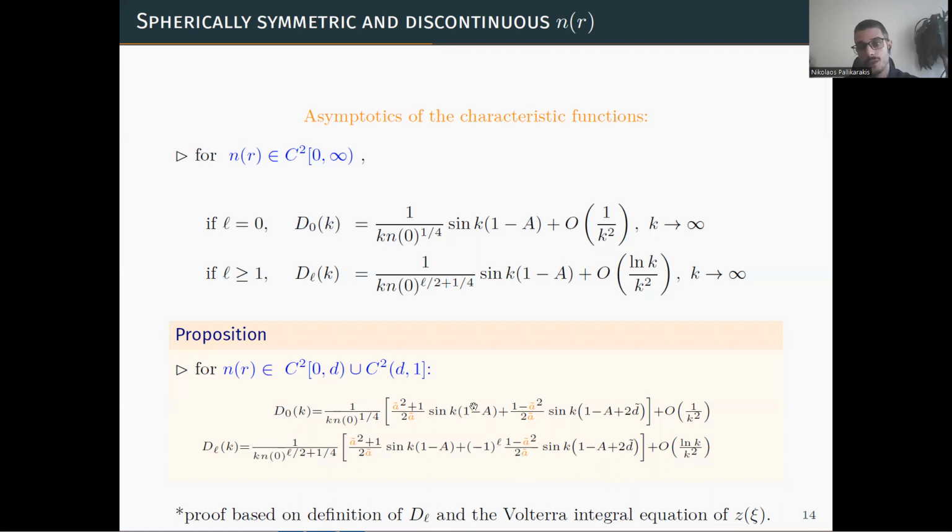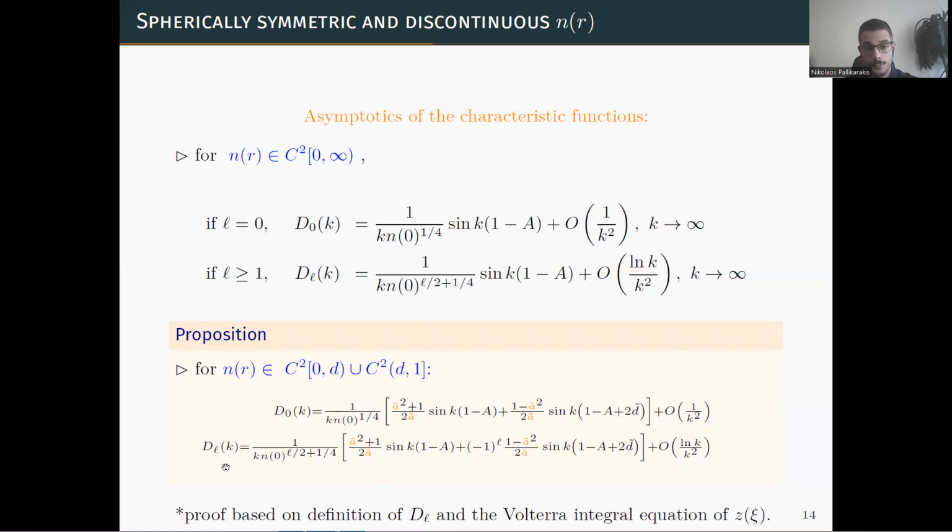Here we see that two sine functions appear, where in the second the transformed discontinuity appears, and also we see that the A tilde, the transformed jump of the eigenfunction, also appears.